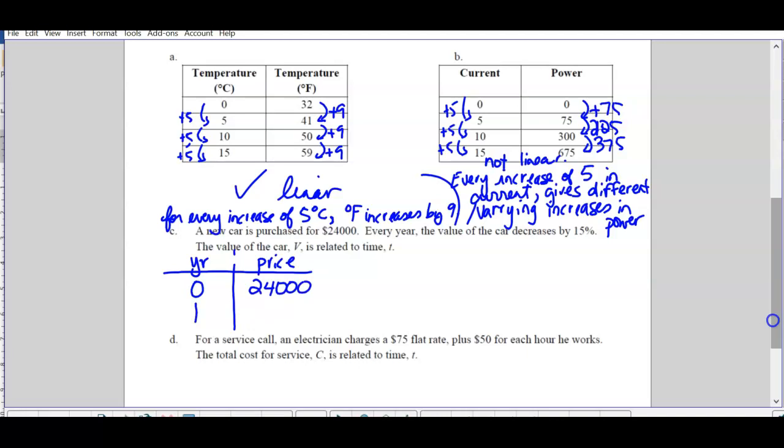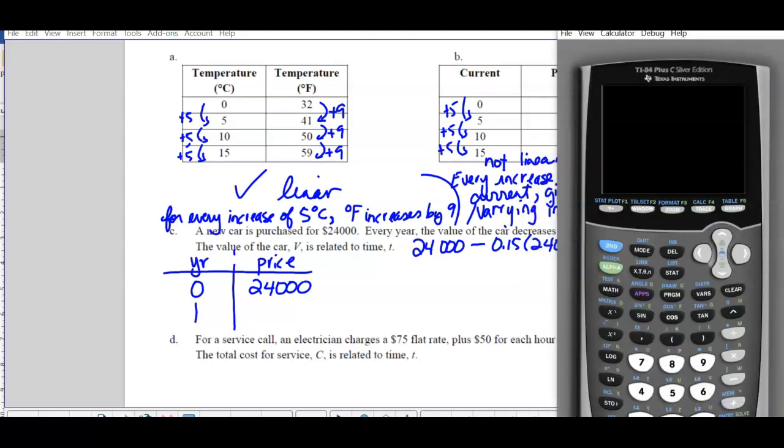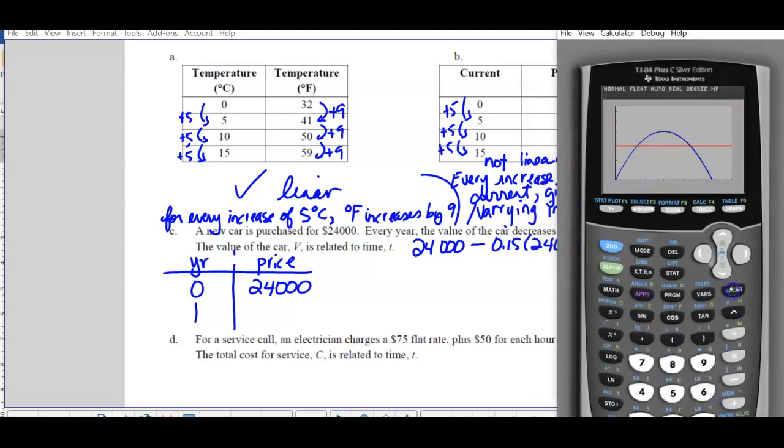So right now it's $24,000. After 1 year, think about how to calculate that. So you take 24,000 and you subtract 15% of the 24,000. This is one way of doing it. So 24,000 minus 15% of 24,000 is 20,400.